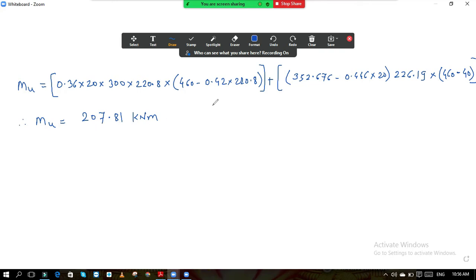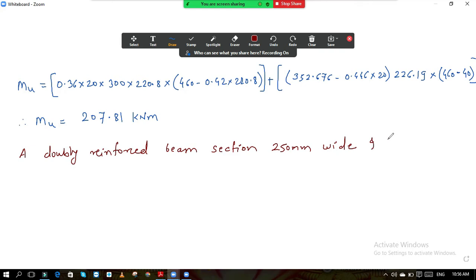So now take the numerical. Next problem. A doubly reinforced beam section, 250 mm wide and 500 mm deep, to the center of tensile reinforcement.